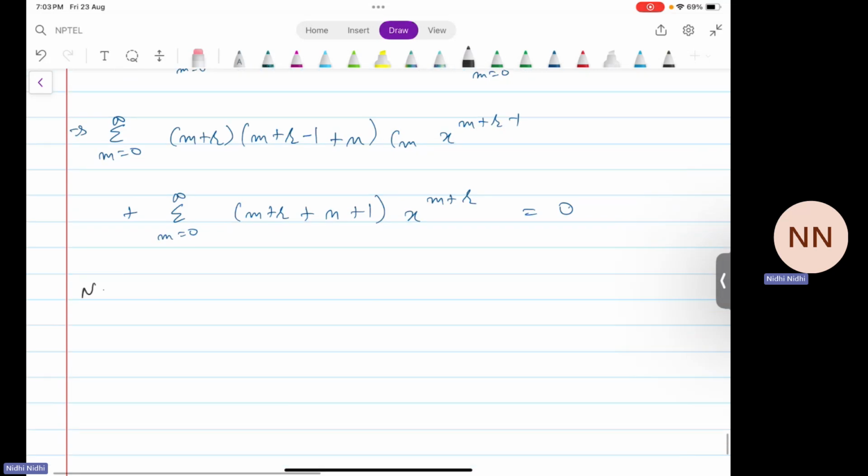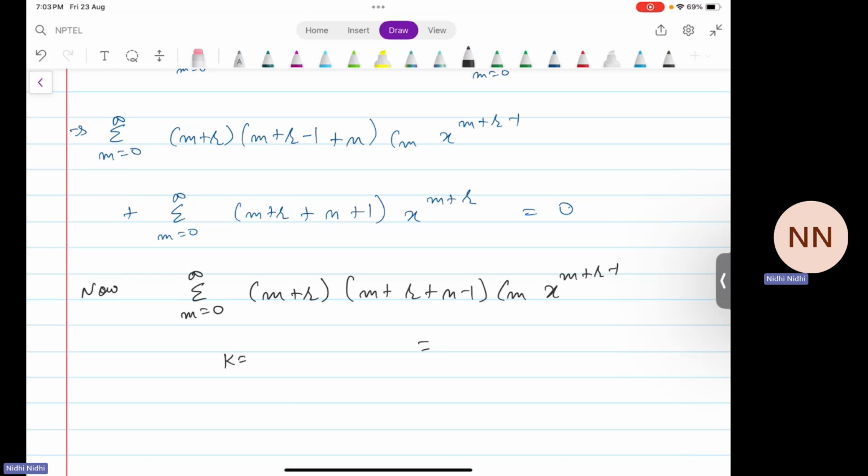Now summation m from 0 to infinity m plus r plus n minus 1 Cm x to the power m plus r minus 1 is equal to, let's take some k is equal to m minus 1. So we'll get summation k from minus 1 to infinity.